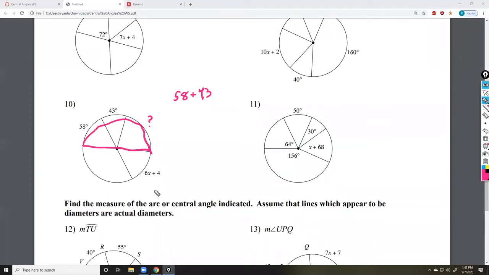I don't want to use X because I'm using X down here. Plus whatever this is should go halfway around. And so that should tell you what this is. That means that if I subtract, let's see, real quick, 101, so 79. This has to be 79. And then I could use the other diameter to trace my way around.